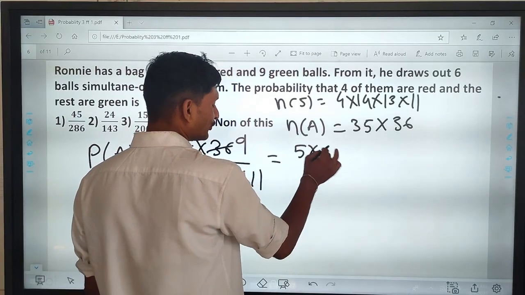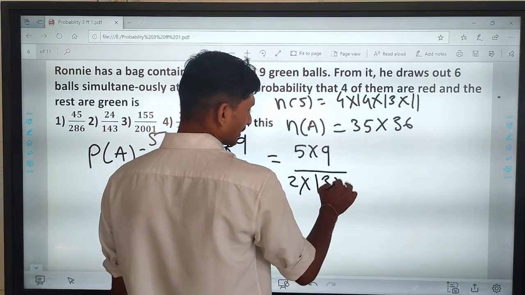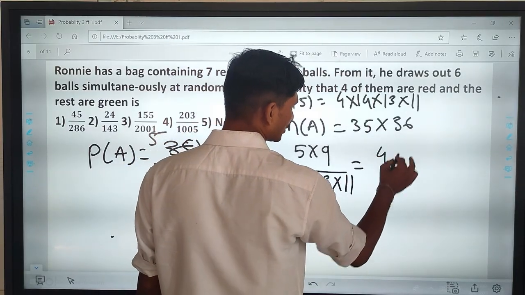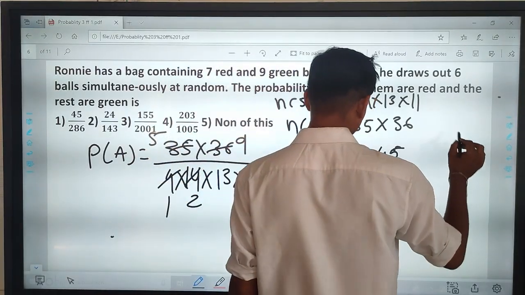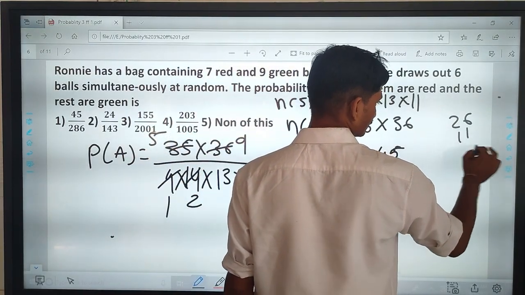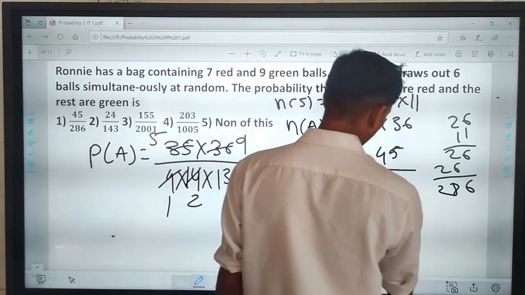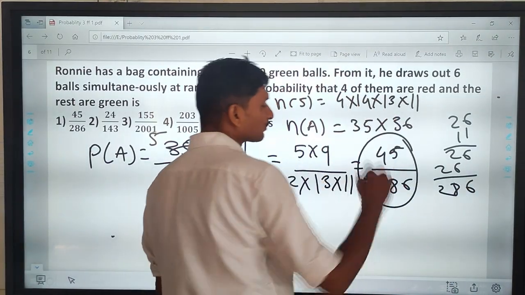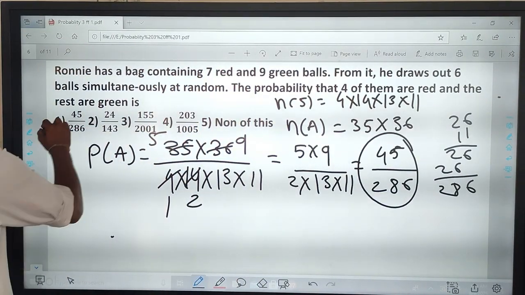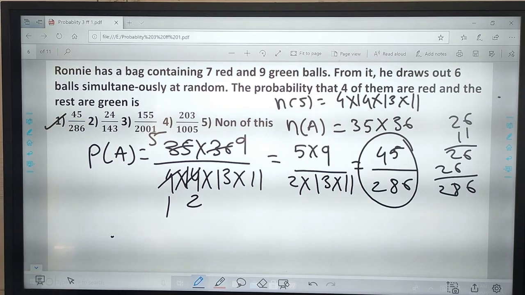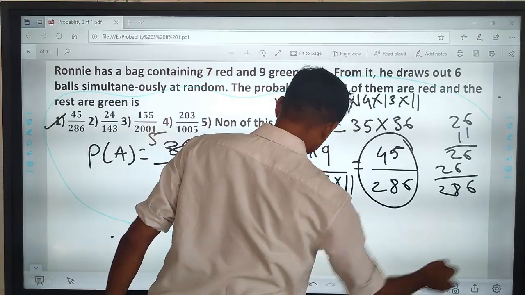Remaining is 5 into 9 divided by 2 into 13 into 11. Then your answer is 45 divided by 22 into 13, which is 286. Then your probability is 45 divided by 286. This is your answer.